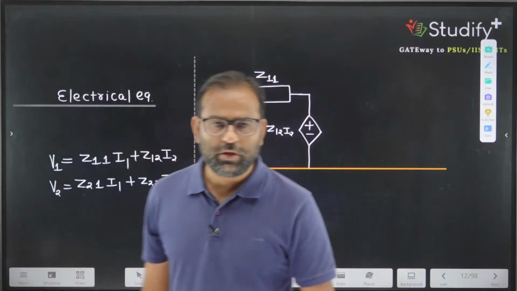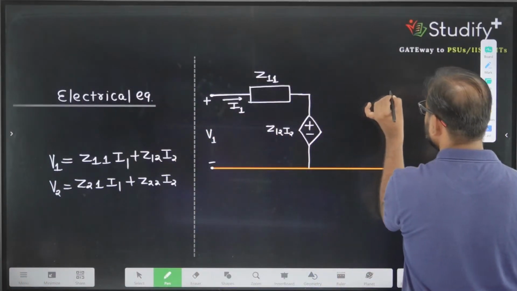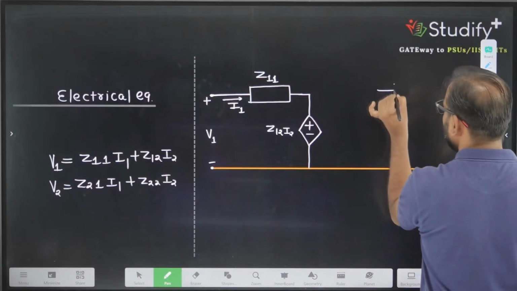What is port 2? At port 2 we are having an output impedance.